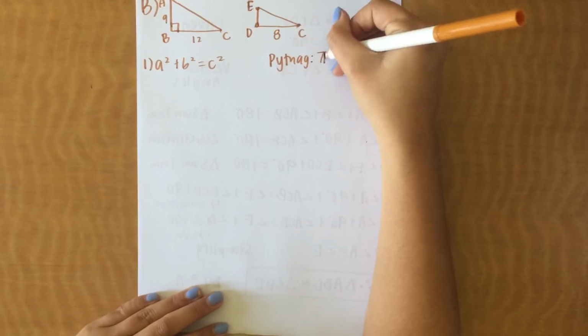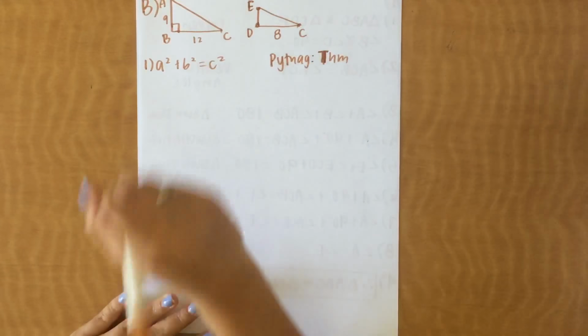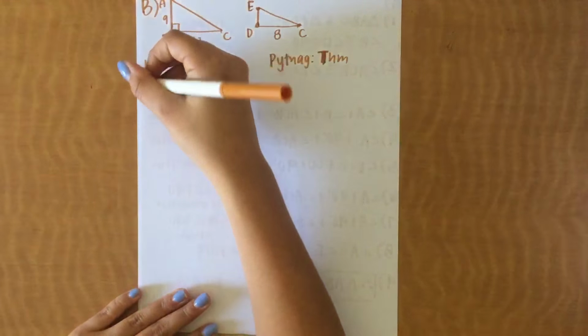And here a is going to be 9 squared, b is going to be 12 squared, and then we have c squared, so this is a substitution. And then we just do the math. So 81 plus 144 equals c squared.